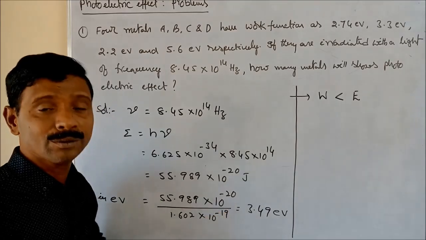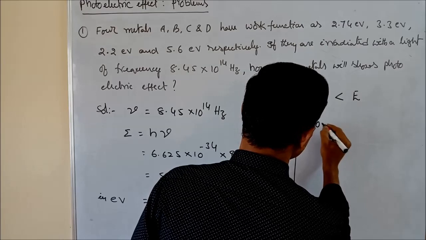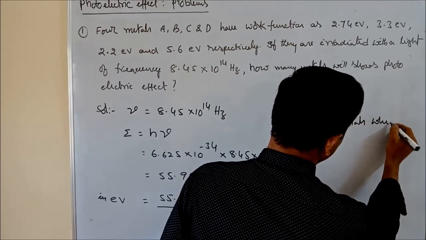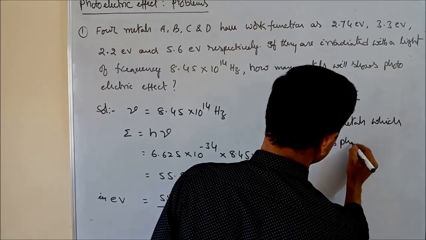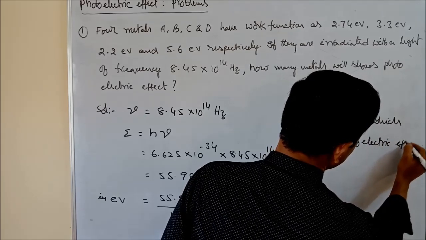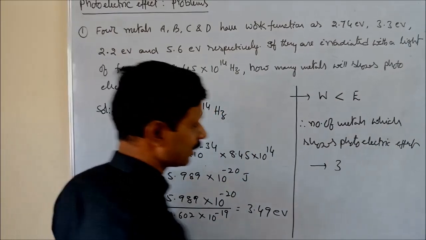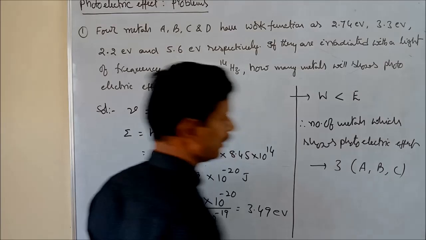But here we are using only 3.49. So the number of metals which show the photoelectric effect is 3, and those are A, B and C only.